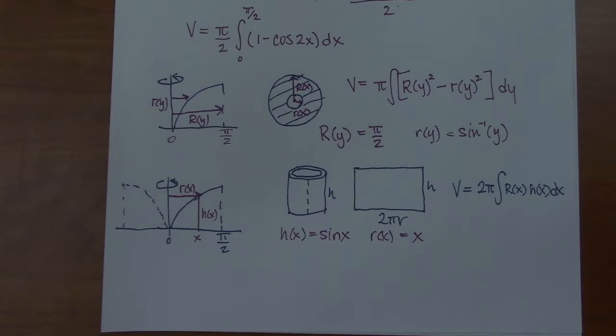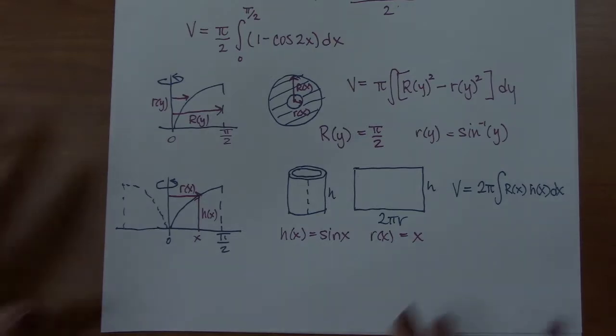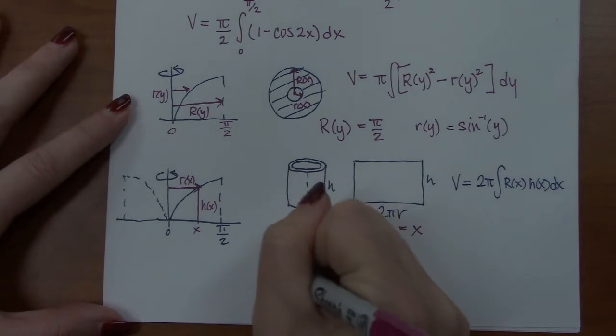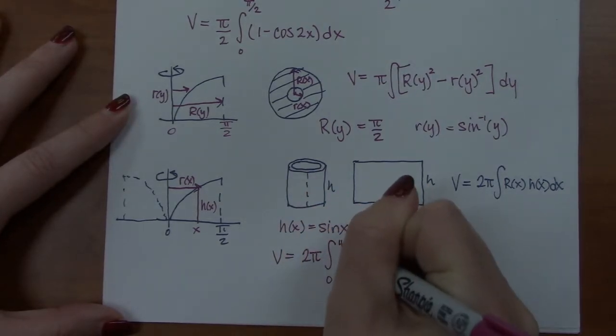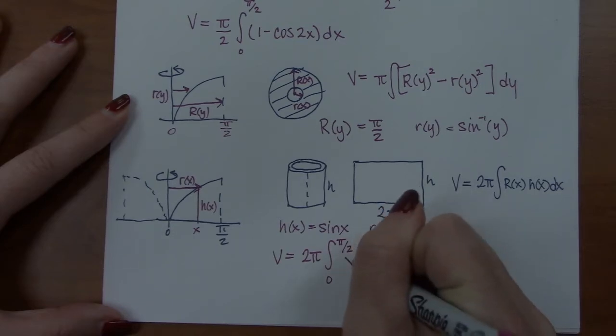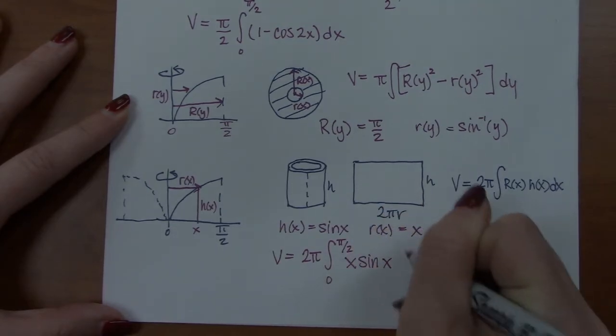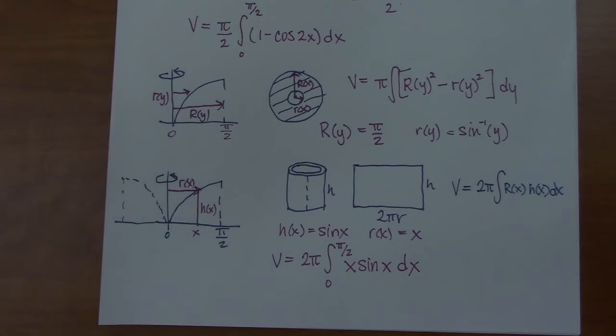But because with shell, everything's defined off the heights, which run parallel to those axes, it allows you to work in the other variable. So when you're going around the y-axis, the volume of this solid is 2 pi times the integral from 0 to pi over 2 of x sine of x dx.